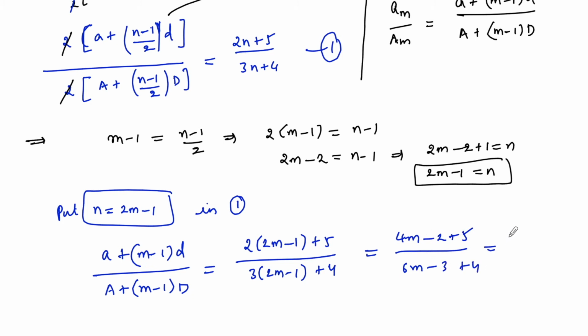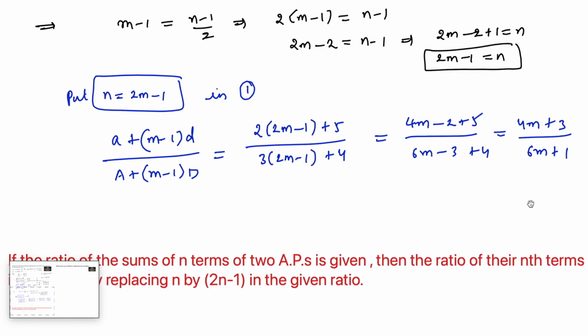So that is 4m plus 3 upon 6m plus 1. So we can say that the ratio of the mth terms is (4m plus 3) upon (6m plus 1).